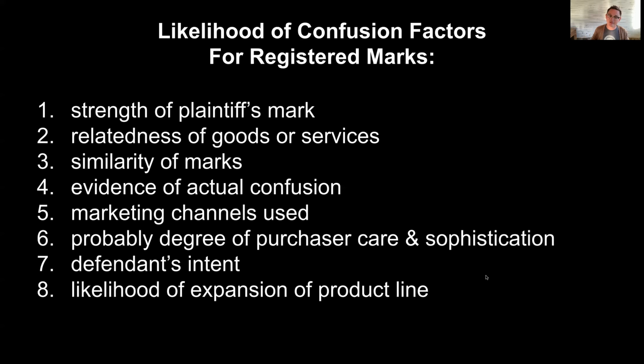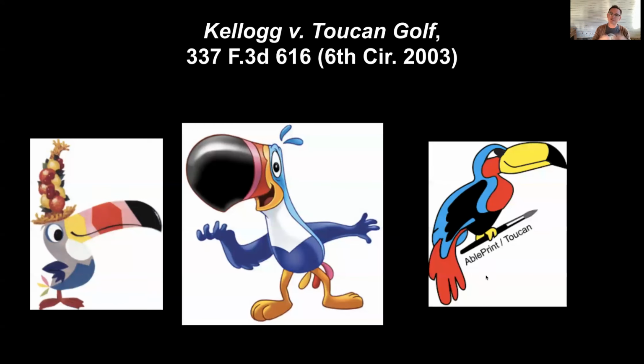And then the likelihood that the plaintiff will expand their product offerings and potentially come into conflict with the defendant, or come closer in terms of the relatedness of goods or services in the future. Well, let's look at an example, right?